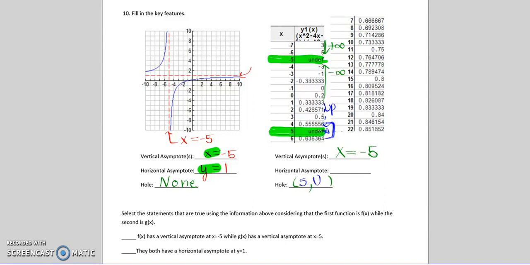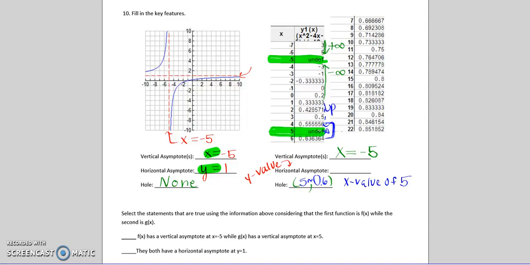Maybe we could say about 0.6. A complete estimate, but the important thing is to know that you have a hole with an x value of 5.